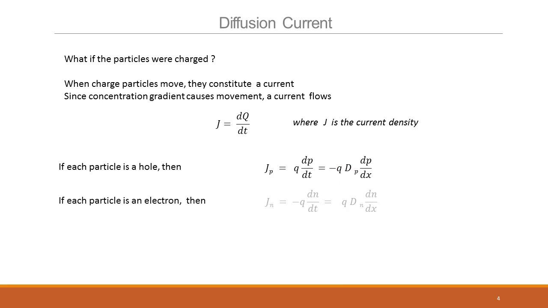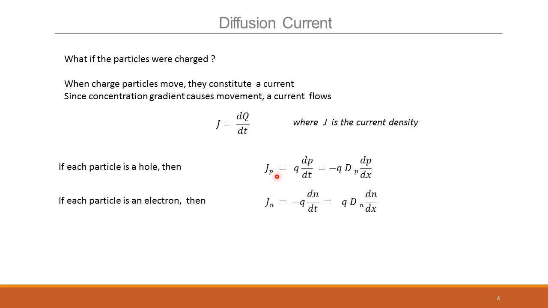If the particle is an electron, then Jn is minus q dn by dt, because the electron has a charge of minus q, which happens to be q Dn dn by dx. I'm just substituting dn by dt with minus Dn dn by dx, just like what we saw in the sand example.